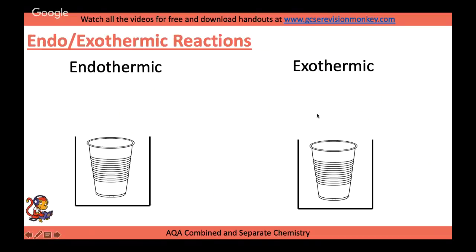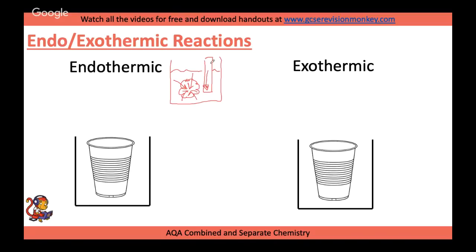The next required practical is the endo and exothermic reactions practical. What I want you to think about is, if this is the reaction going on here, and you put a thermometer next to it, in an endothermic reaction, it will take in heat from the surroundings. So that will actually mean that the reading on the thermometer will go down.